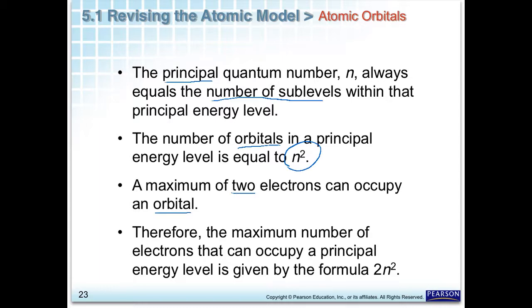It's like a 2-seater, can't fit any more people in there. And the maximum number of electrons that any principal or main energy level can have is 2n squared. But I'm not really too worried about that. Tomorrow we'll be working on how each electron goes into its main energy level, sublevel, and orbitals.